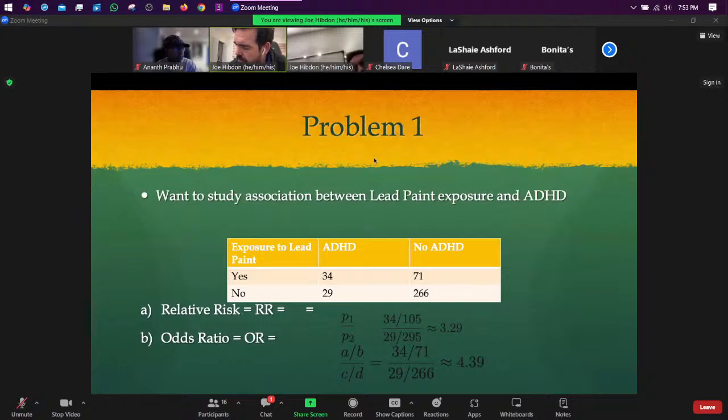Okay, so we have this nice little table here, and we have exposure, yes, no. What they want to know is the association between lead and ADHD.